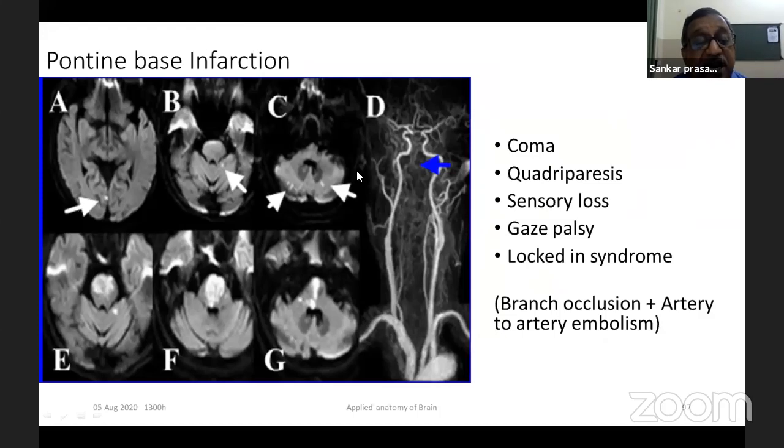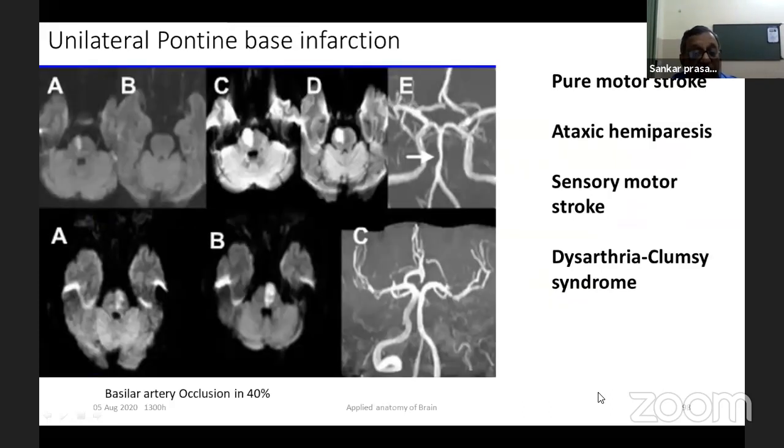Here, if there is any disturbance, you can have coma, quadriparesis, sensory loss, gaze palsies, and locked-in syndrome. This is the MRI picture of the pons, which is supplied by the basilar artery. When it is blocked, it can give rise to various problems in the pons.